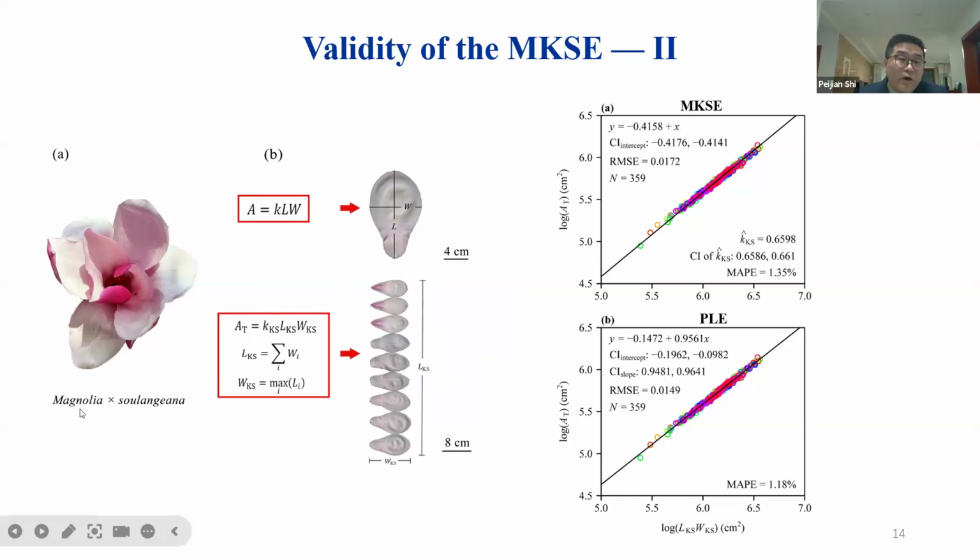Note that for Magnolia species, it is hard to distinguish petals from sepals, so we call them tepals. In panel A is the fitted result from MKSE, and in panel B the fitted result using PLE. That means the relationship between AT and LKS multiplied by WKS doesn't hold true, at least for this example.